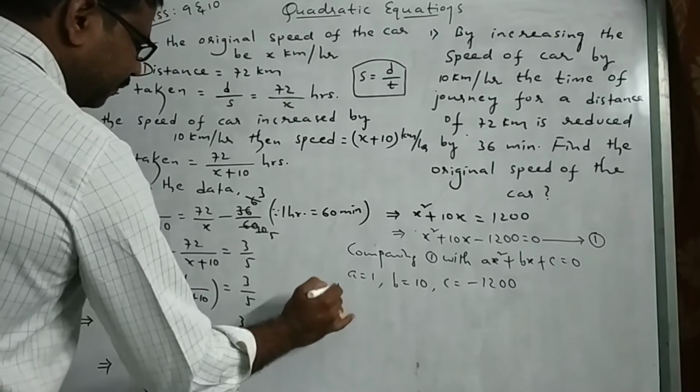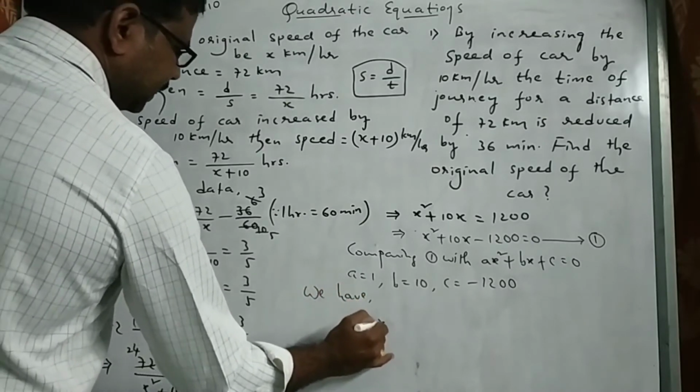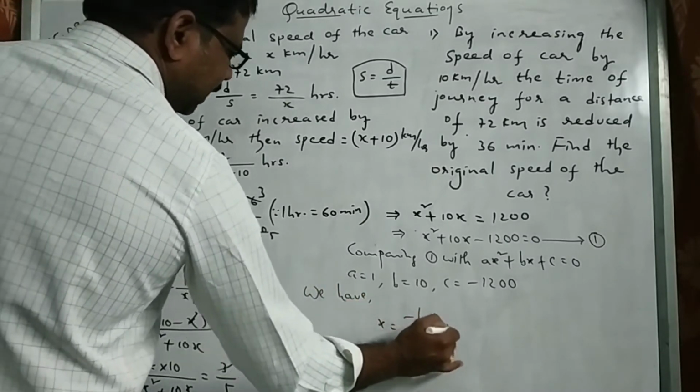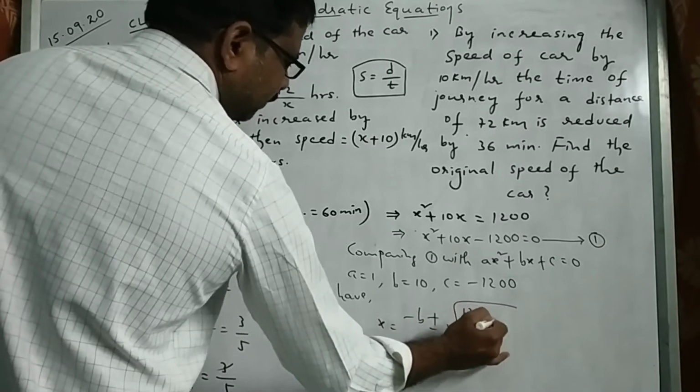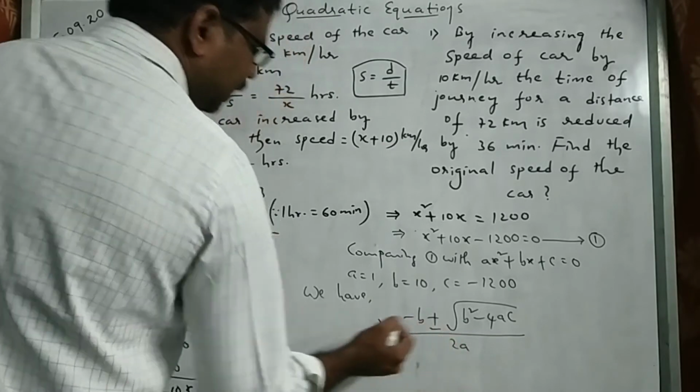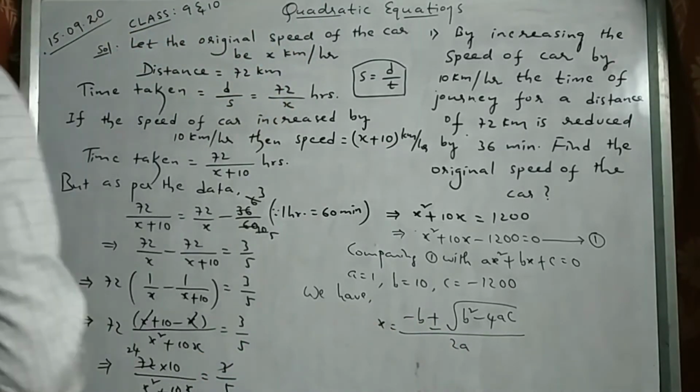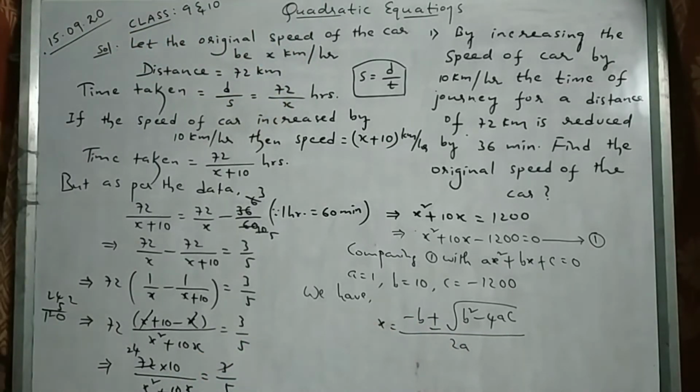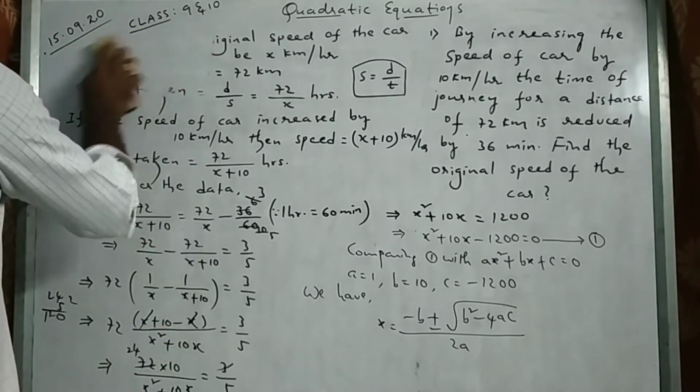We have x equal to minus b plus or minus square root of b square minus 4ac by 2a. You remember this quadratic formula. So substitute the values here. Okay, I am erasing this.